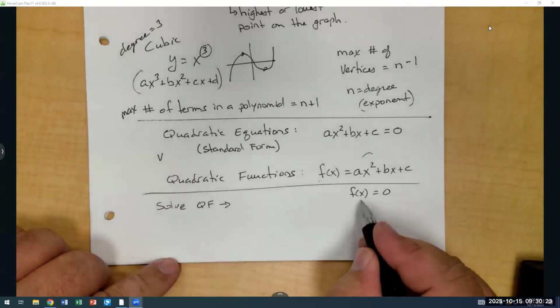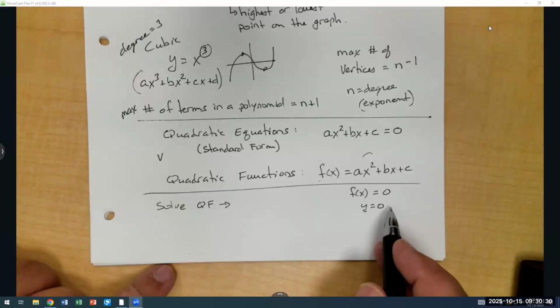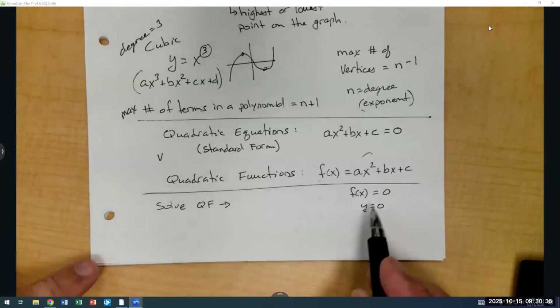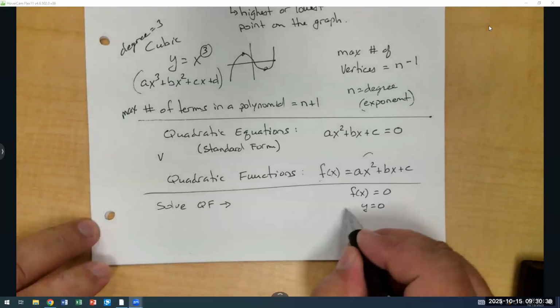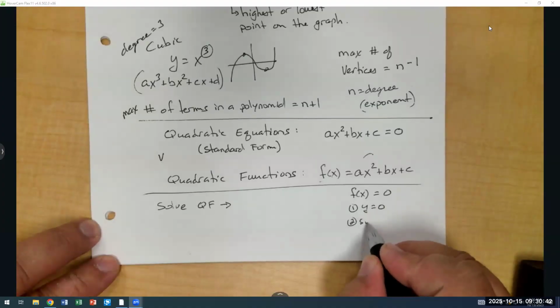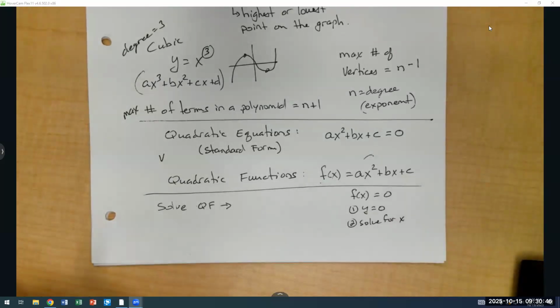What does f of x represent? The y values. So when you set y equal to 0, what do you find? From chapter 1, what do you find when you set y equal to 0? This is our first step. What have you just found?